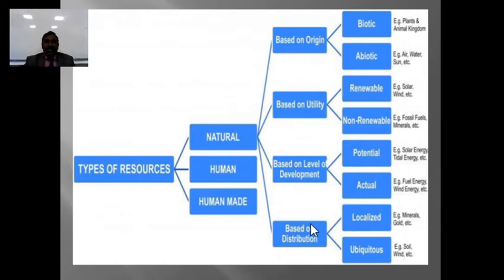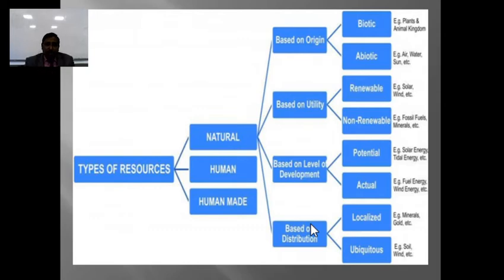Next category is based on the utility: renewable and non-renewable resources. Renewable resources we have been using since a long time, but we are not aware of it.